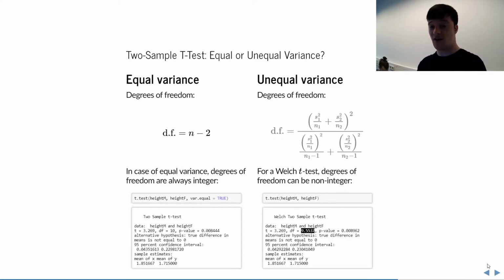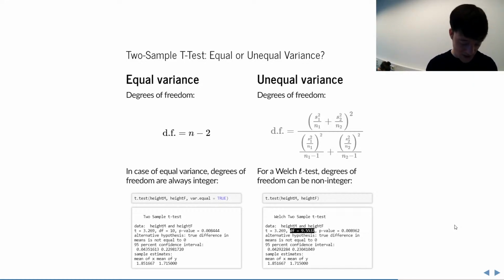This is why the unequal variance t-test is the safer assumption, because this will give you a t-distribution with a slightly smaller number of degrees of freedom. Yeah, and that means that it has wider tails, that means that your p-value will be bigger, and that means that you're less likely to conclude a significant difference, which is the safer option, because you're less likely to commit a false positive.